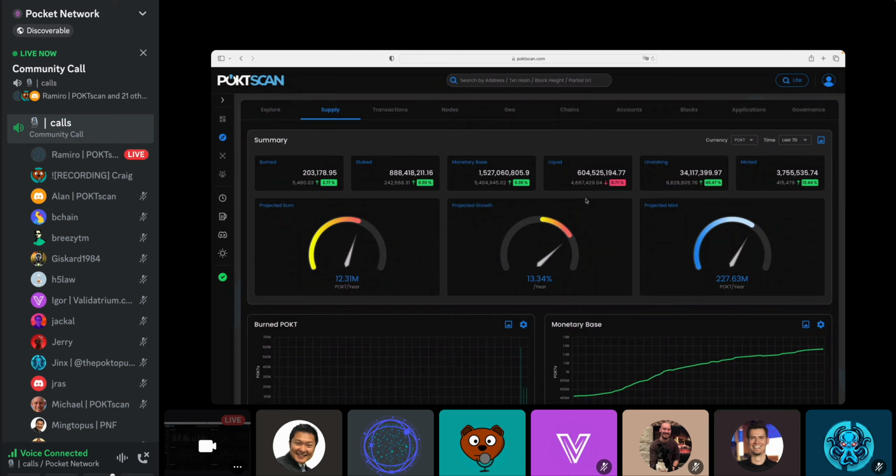A graph that would really make this a complete package would be the actual supply, because the monetary base is taking out certain PNI wallets, it's taking out the DAO wallet, and things like that. When I was trying to look at actual supply the other day, I realized I couldn't use this page to get the supply of Pocket, because I needed the actual supply, not just the monetary base, which can easily swing if a DAO grant is paid out.